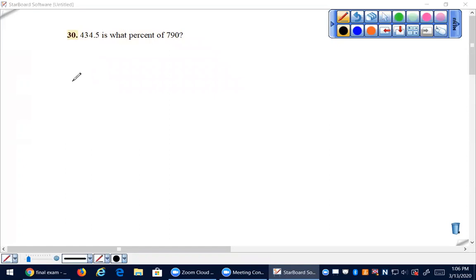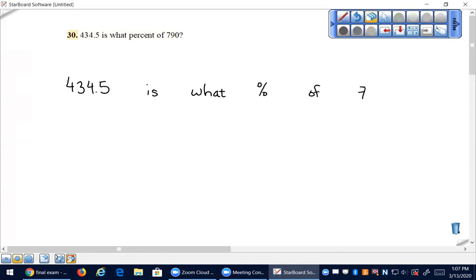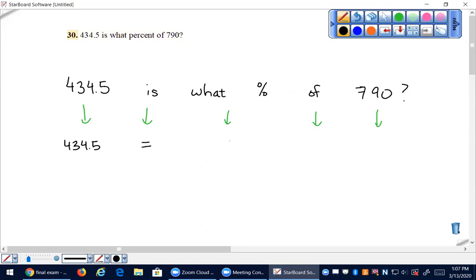So 434.5 is what percent of 790. So 434.5 becomes equals, what becomes our letter? Of becomes multiply.